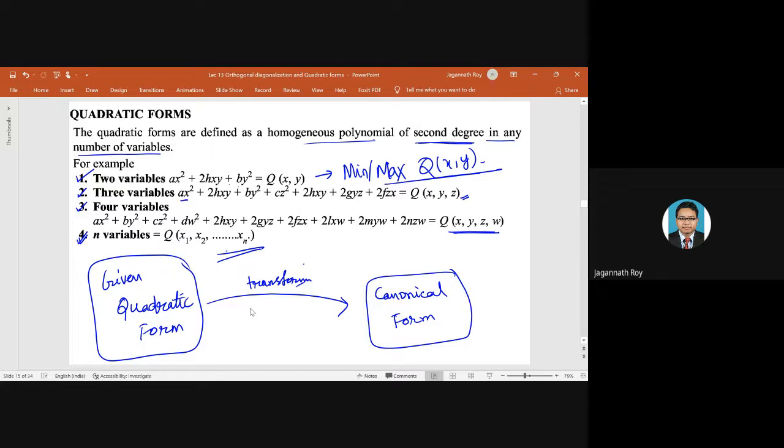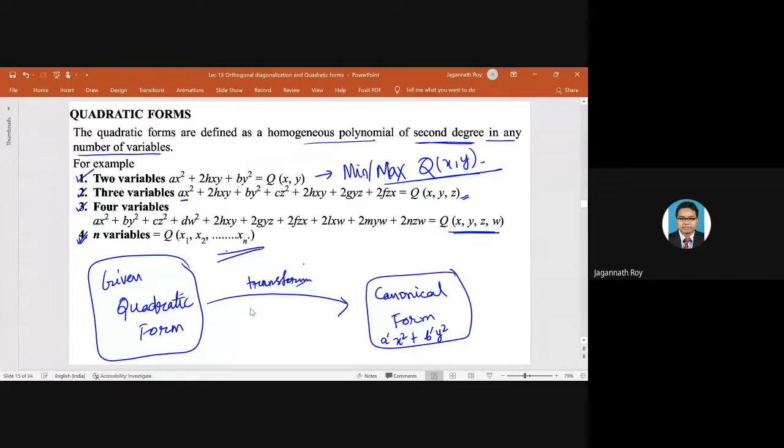Canonical form will contain only square terms. For example, a dash x square plus b dash y square.